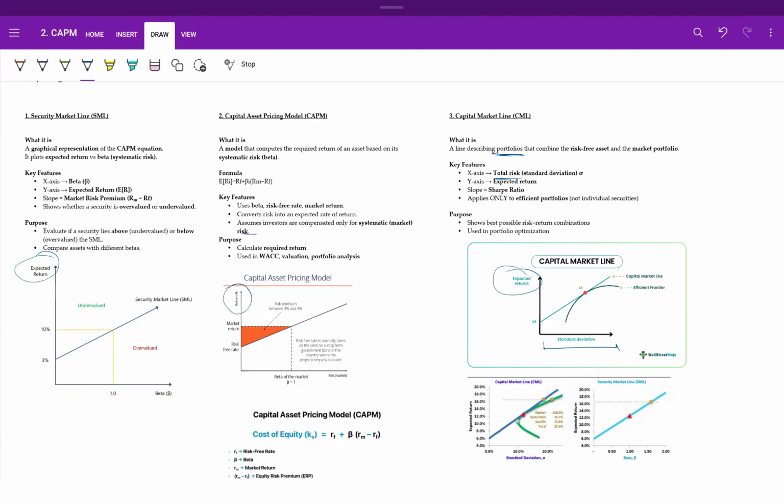The slope of this capital market line represents the Sharpe ratio. And if you remember, the Sharpe ratio measures return per unit of total risk. The Sharpe ratio formula was RP minus RF upon sigma portfolio.